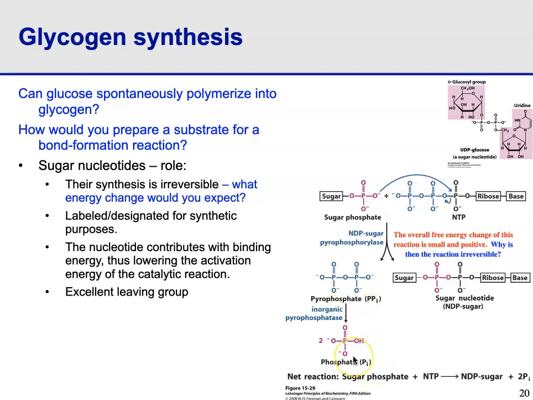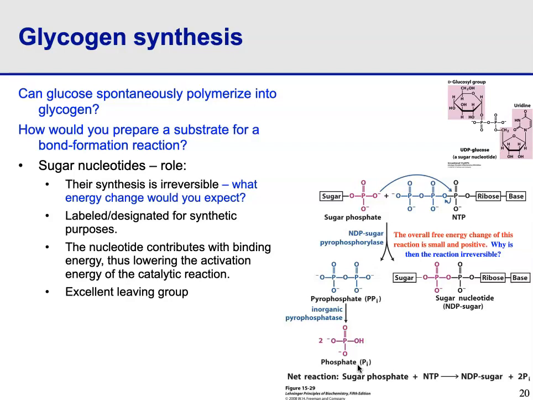Now that reaction has a delta G of negative 19.2, and that reaction is favorable, irreversible towards inorganic phosphate. That is the reason why the overall process is irreversible, because of this reaction, the conversion of pyrophosphate to inorganic phosphate.